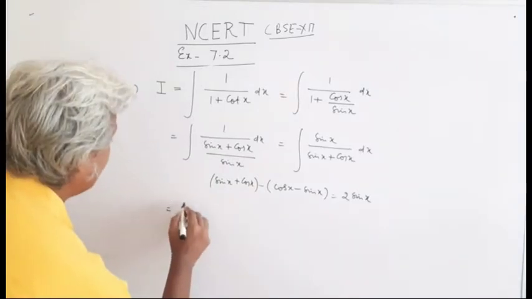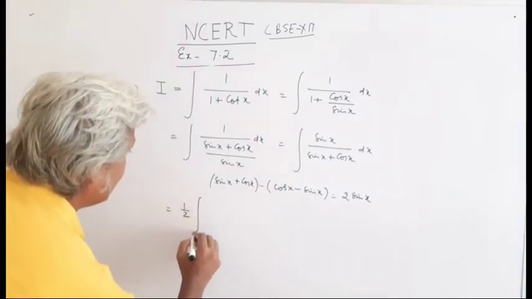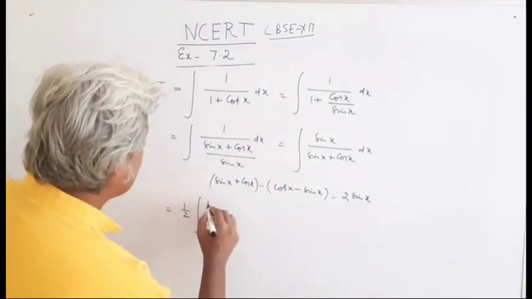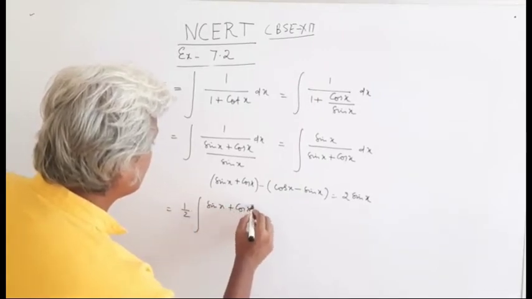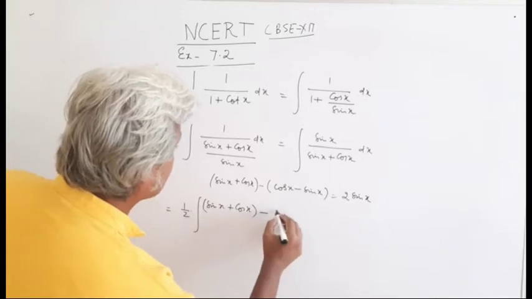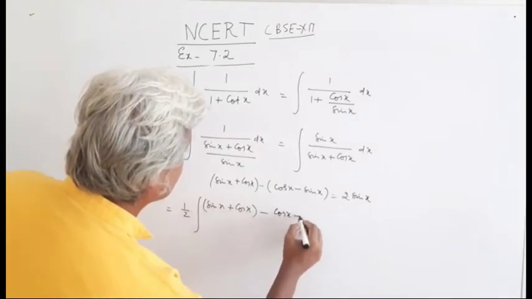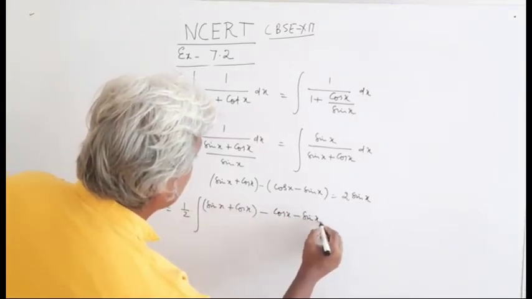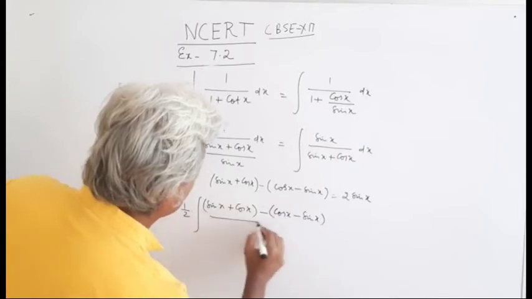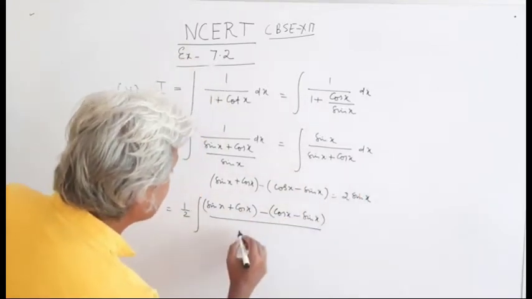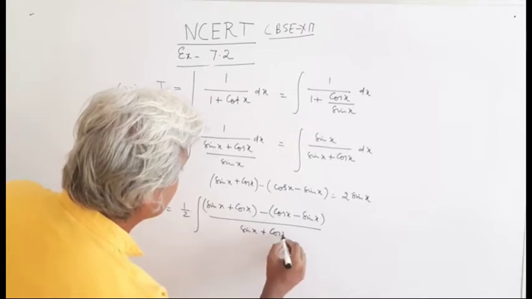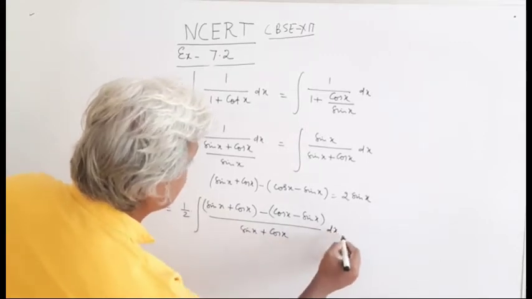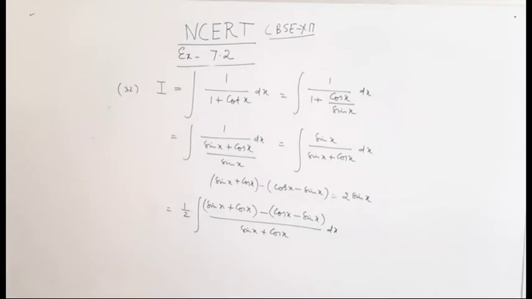So the half outside, and this becomes sin x plus cos x minus cos x minus sin x, whole divided by sin x plus cos x dx. Now this is the standard form.